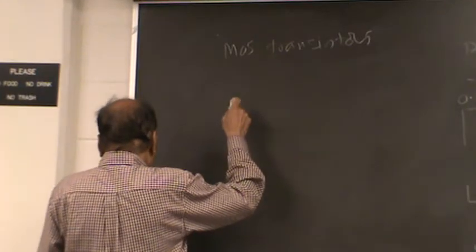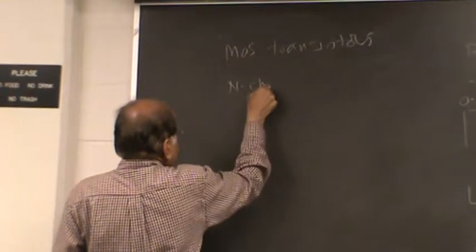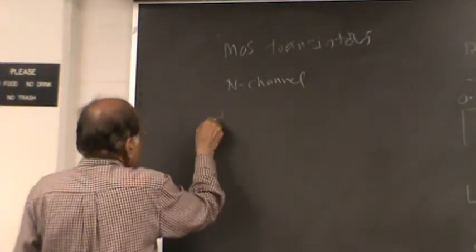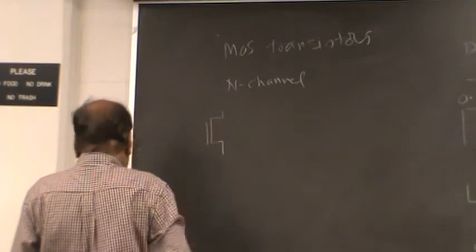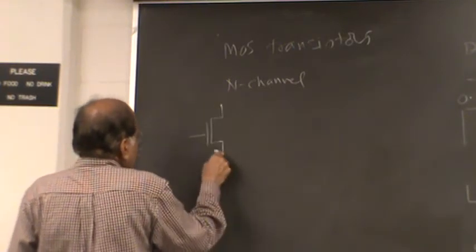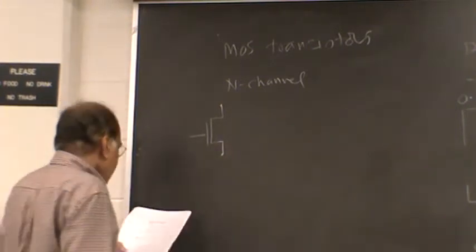So you can have two types of transistors. One type of transistor is called N-channel, which we are going to represent in this way. So basically you have three nodes of a transistor.